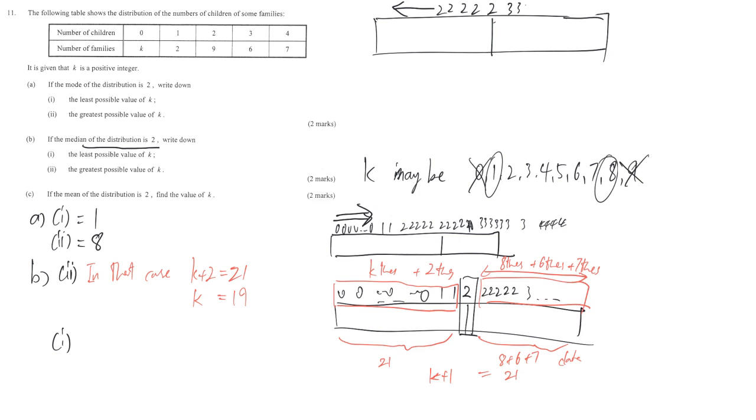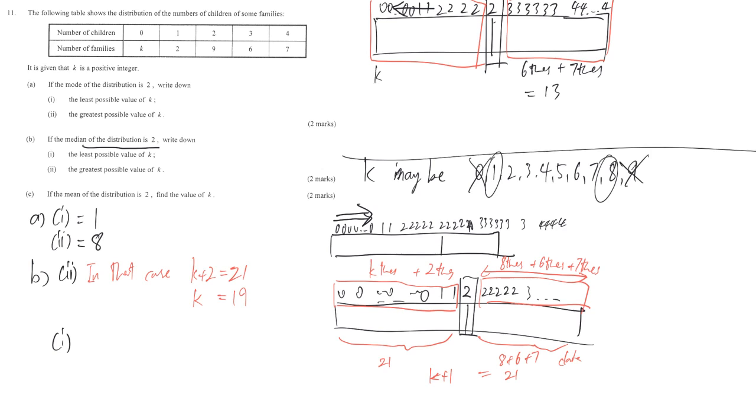And here becomes 3 already, and 4. So that 2 is still the median. And then we have 1 here and 0 here. And then we are going to count how many data are on the right hand side, which represents how many data are on the left hand side also. Here we have 6 times 3 plus 7 times 4. So we have in total 13 on the right hand side.